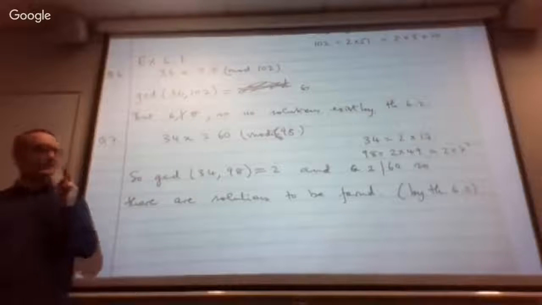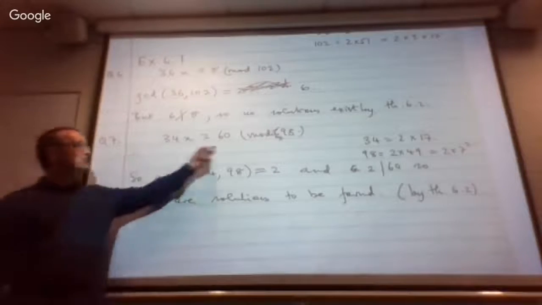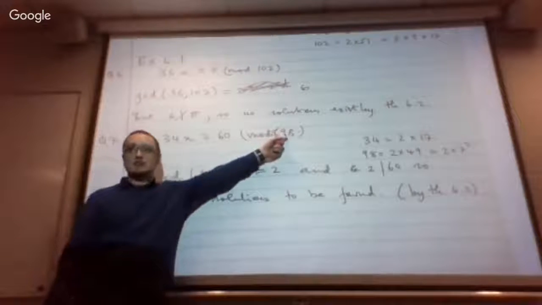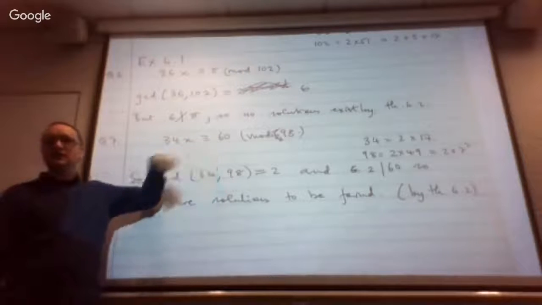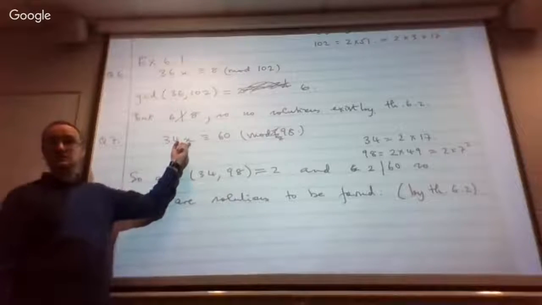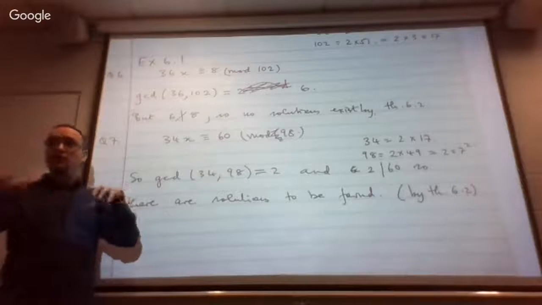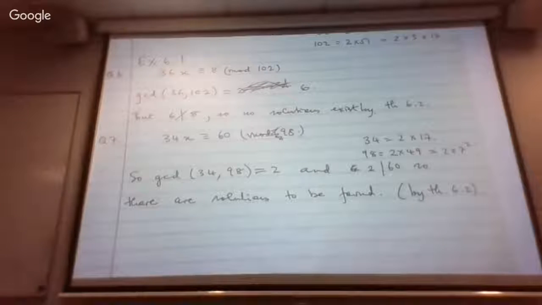Expect 2 solutions, okay? Because the number of solutions is the same as the GCD, meaning 2 congruence classes modulo 98 that you can put in here for x that we solved. There'll be an infinite amount of integer solutions, an infinite amount of different integers you can put in, but they all come from just 2 congruence classes modulo 98.